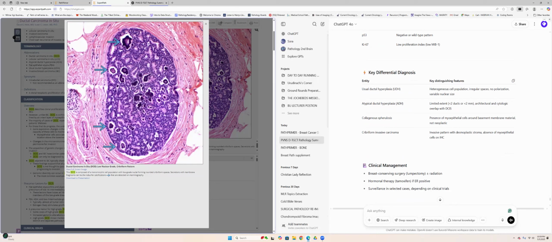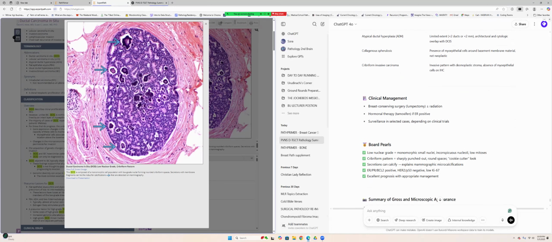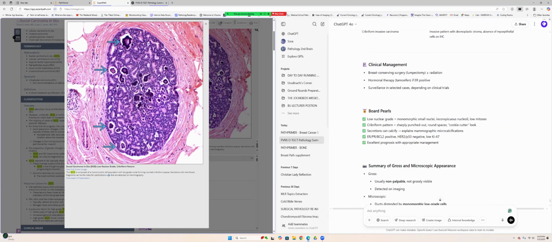So how will you differentiate it from collagenous spherulosis? Histochemistry. What else? Do you remember this collagenous spherulosis? It has a dark basement membrane.